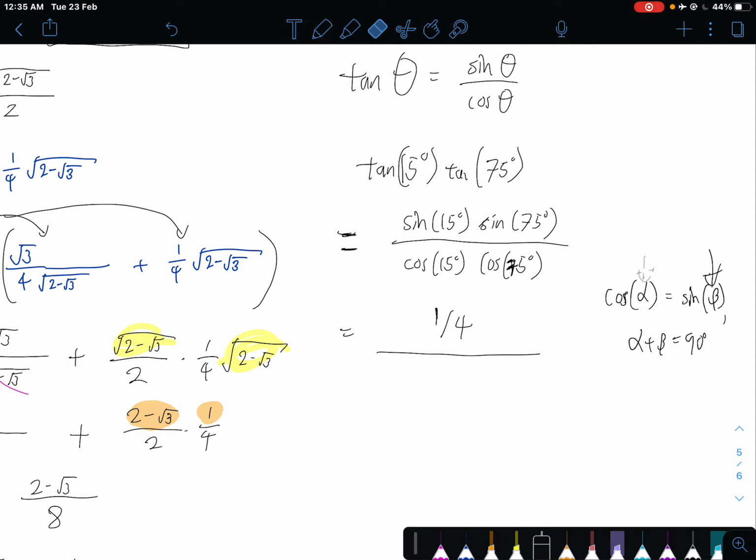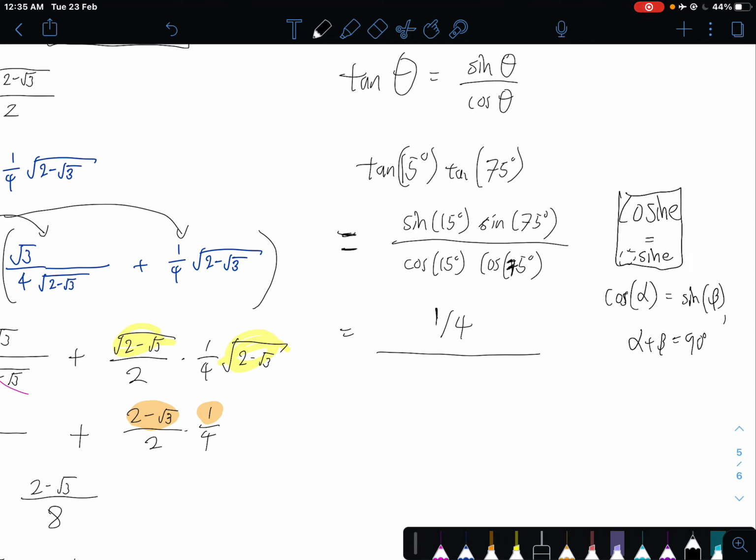The co of the sine is equal to the sine. This is called complementary identities.